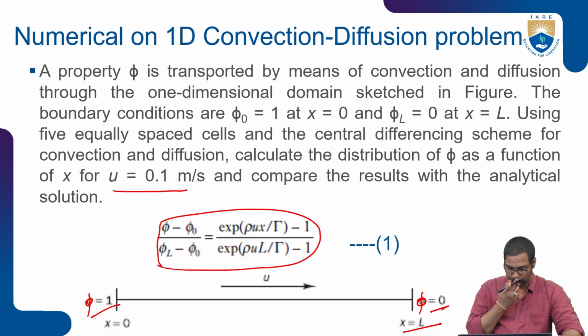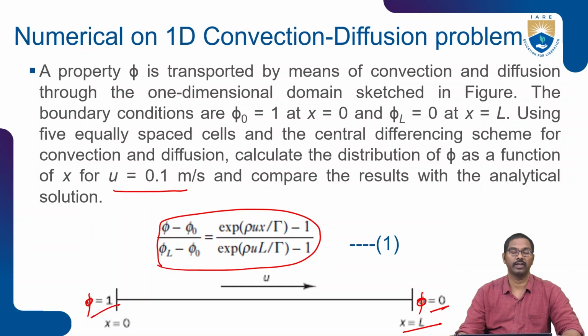So let us see how this particular problem is going to be solved by using the finite volume method. As we know, the finite volume method initially integrates the governing equation over the discretized cells, and then by giving the approximation for the flux variation, the discretized equation is obtained.